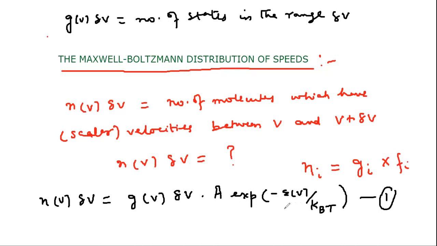Now, how to do it? We have to simply take our density of states function in scalar k, that is g of k delta k, which we have found by fitting waves into the box. What is the expression?